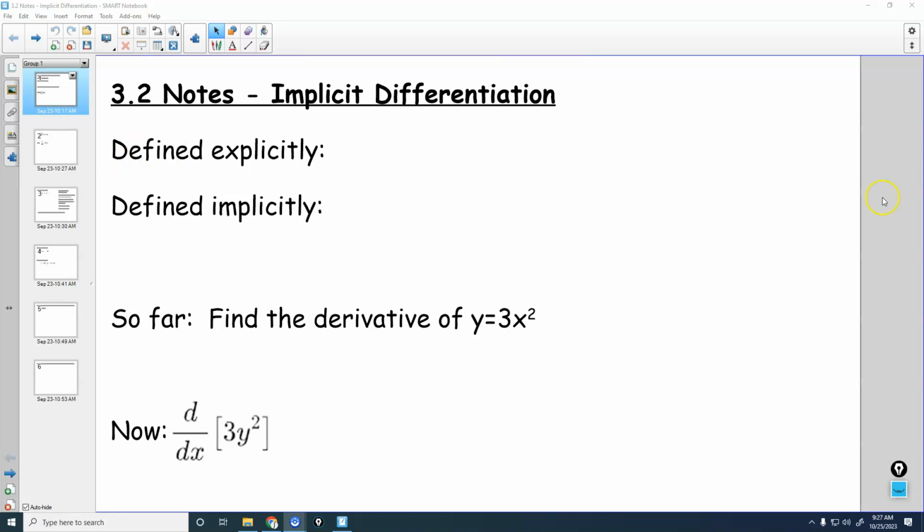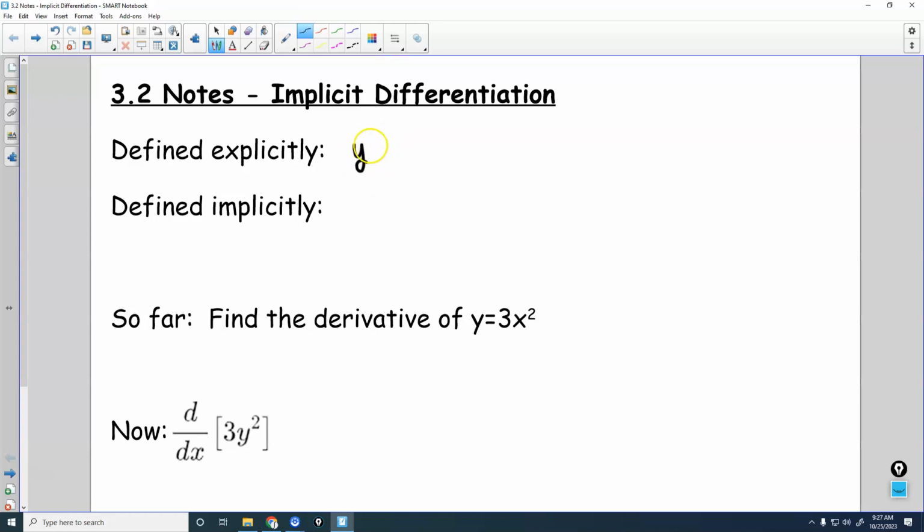So a function that is defined explicitly is going to be written like maybe something like this. y equals x squared plus 3x minus 4. Or it might be something like f of x equals natural log of x plus 2.